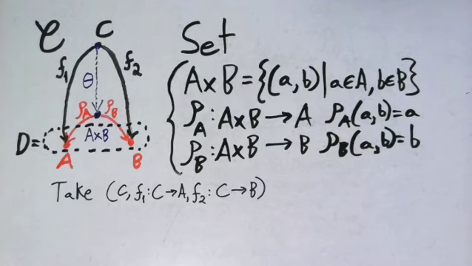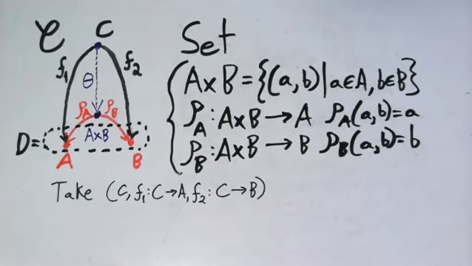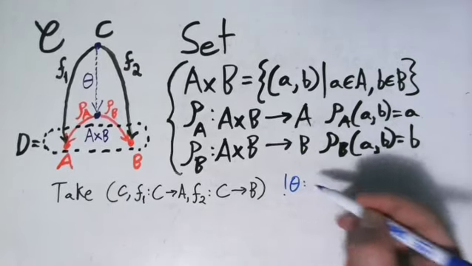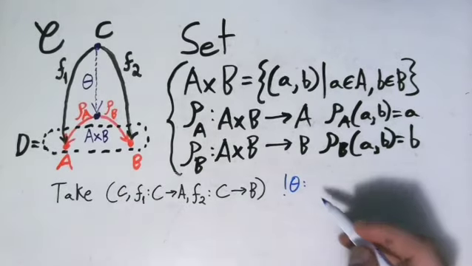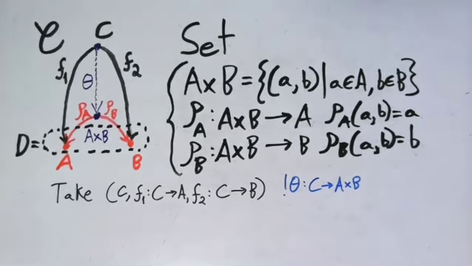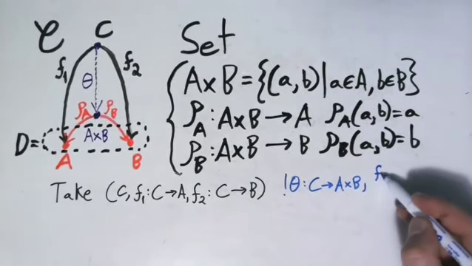For any arbitrary cone, can we find a unique theta that commutes with both of these triangles? That is, we need to find a unique theta going from C into A cross B, such that, first of all, this triangle commutes.